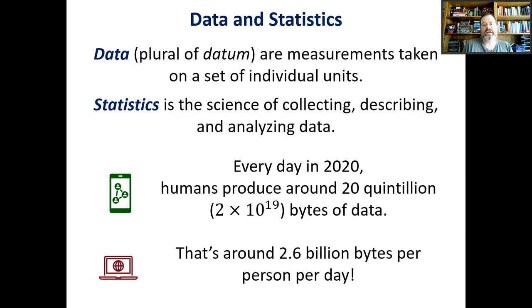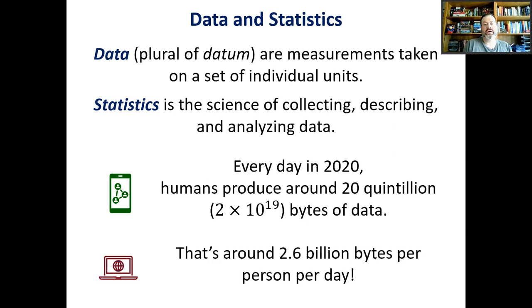It turns out that in 2020, humans produce around 20 quintillion, so it's 2 times 10 to the 19th bytes of data. That's about 2.6 billion bytes per person per day. So if you're wondering why everybody is so concerned about data, why is statistics such an important field? It's the number one math class at the community college, and it's because there's so much data.